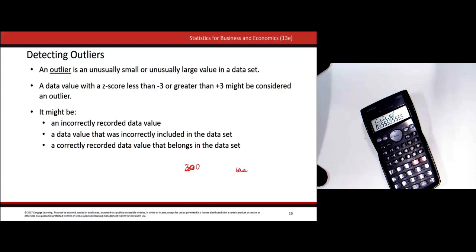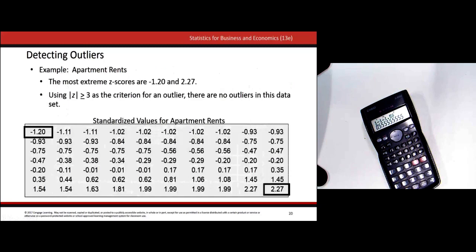If that's the case, it should stay in the data set. So we always wish to detect the outliers. Here we look at the z-scores. These are the most extreme z-scores, which are negative 1.2 and 2.27. So there are no outliers in this data set.